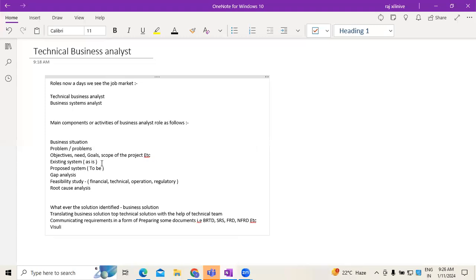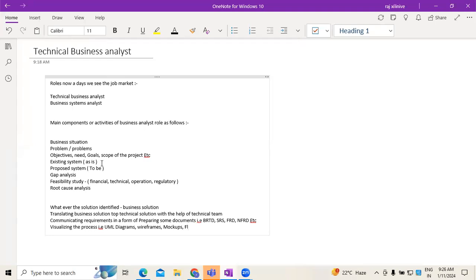Next, visualizing the process. I mean, preparing some UML diagrams. Next, wireframes. Next, mockups.